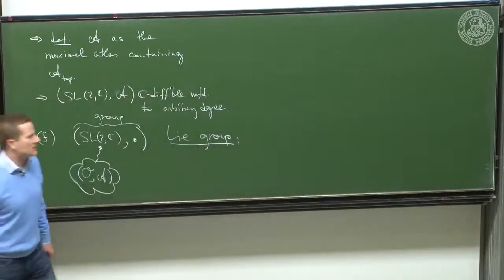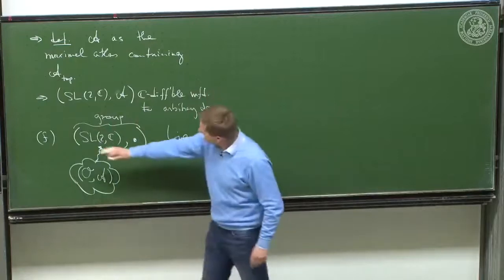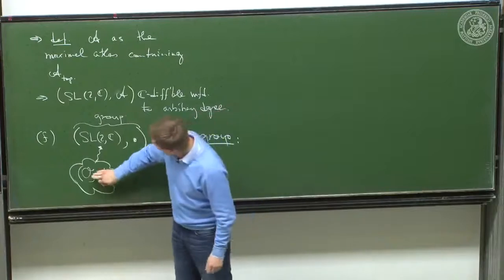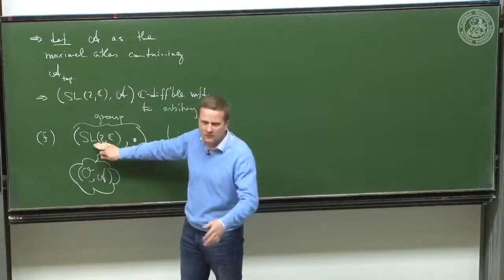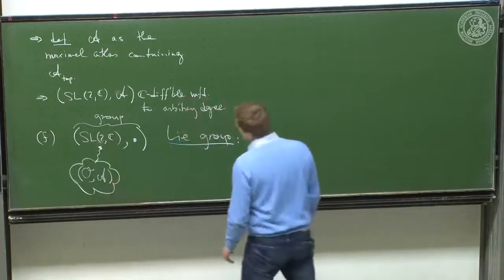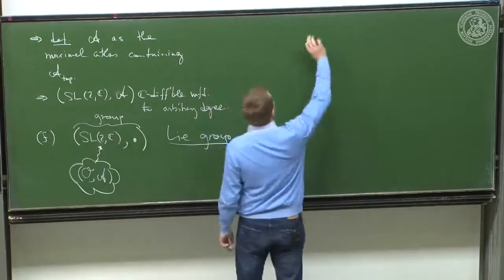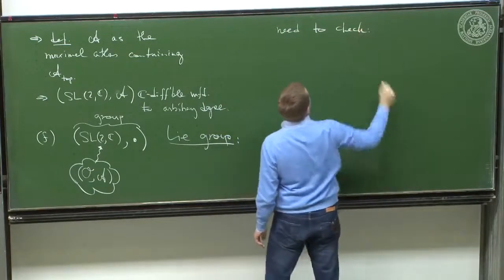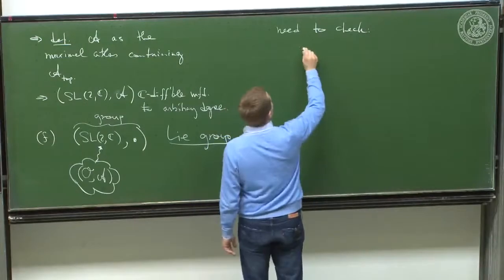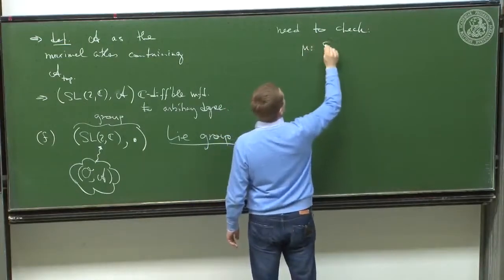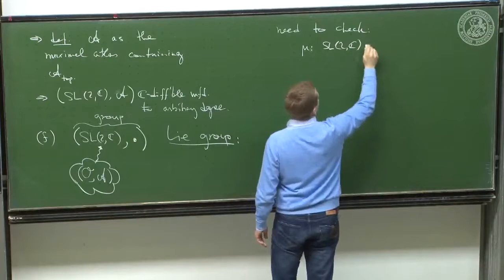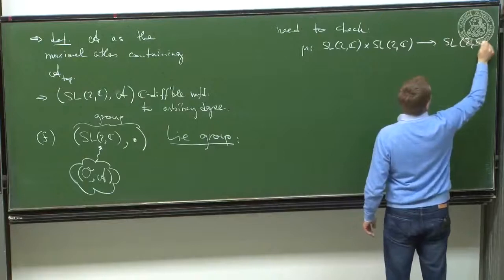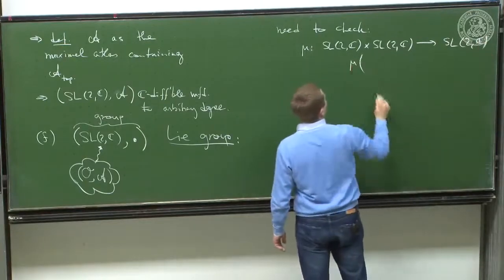Well, there we need to check something. Remember, a Lie group was a set with an operation that together is a group, we already know, such that the underlying set is a smooth manifold or arbitrarily often differentiable manifold here. But there was more. We need to check whether the two maps, mu that take two elements of SL2(C) into an element of SL2(C) by virtue of the group operation.